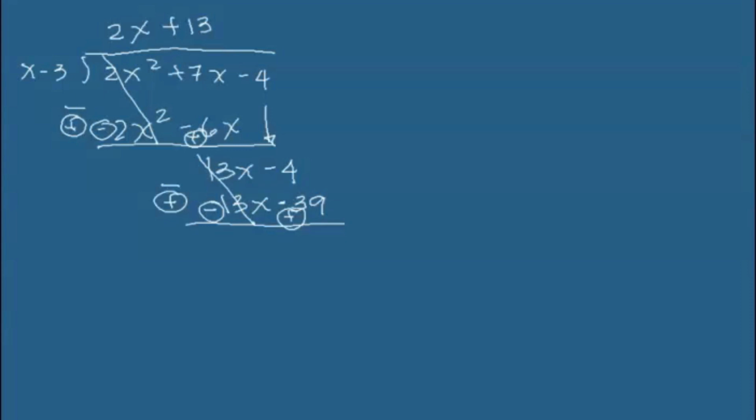Negative 4 plus positive 39 is positive 35. There's no more term to bring down, so 35 is a remainder. To write a remainder, we just write plus the remainder 35 over the divisor x minus 3. So this is the final answer.